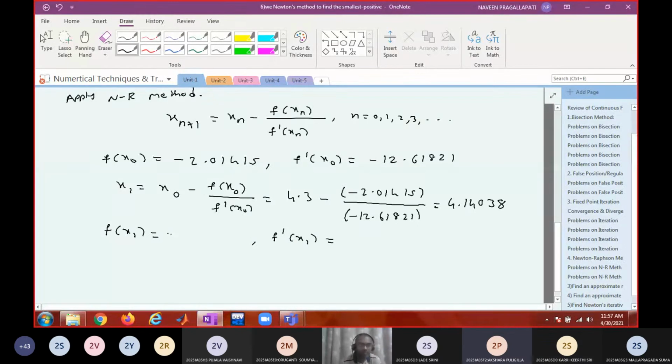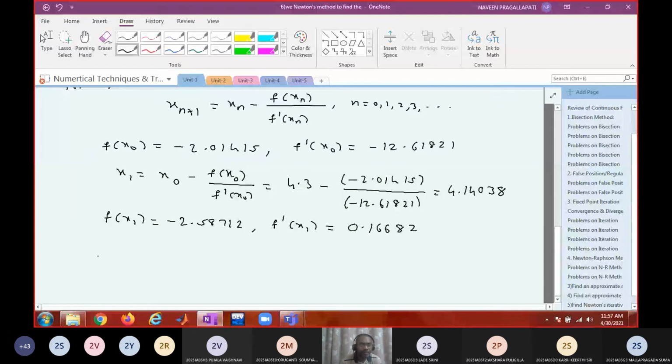f of x1 is minus 2.58712, and f dash of x1 is 0.16682. That means you are getting a positive value.